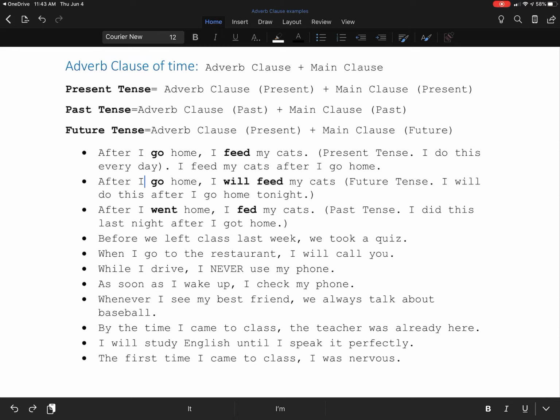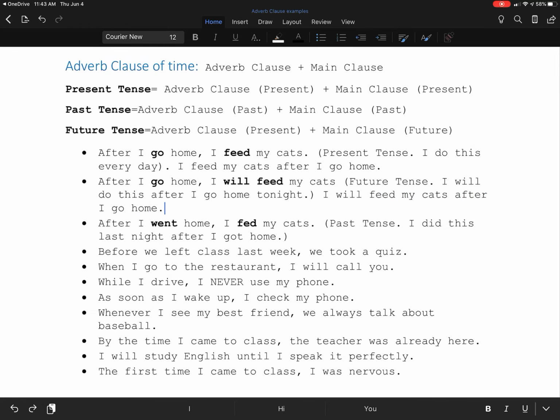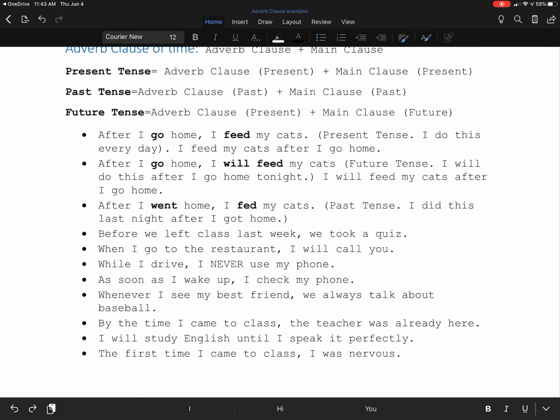It's going to be in the second part, I will feed my cats. And just like the other part, I can say, I will feed my cats after I go home. Same situation. When we have after or before, I'm not going to use the future verb here.